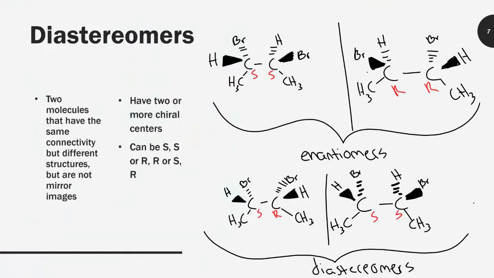So the next thing we talk about is when molecules have more than one chiral center. So first case, we have diastereomers. Diastereomers are when 2 molecules have the same connectivity but different structures, so they're still stereoisomers, but they're not mirror images. And they have 2 or more chiral centers.